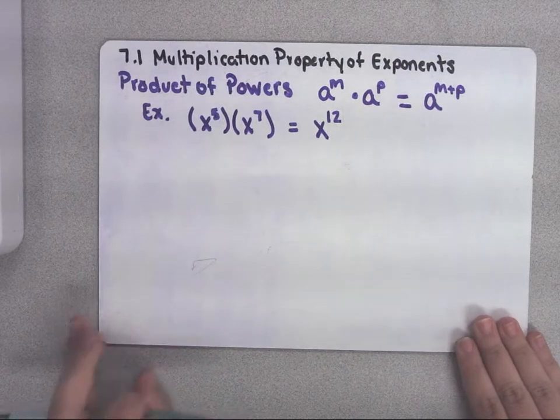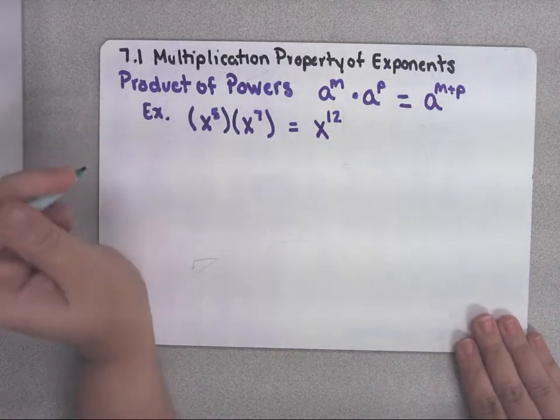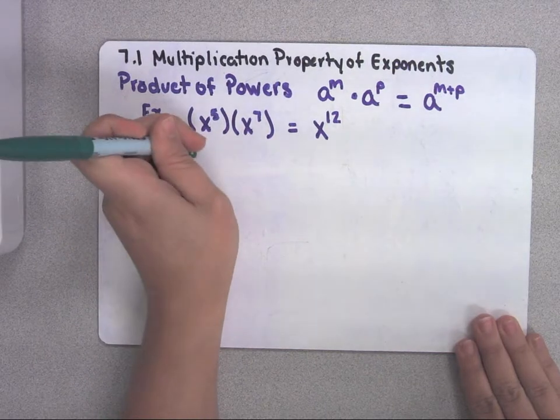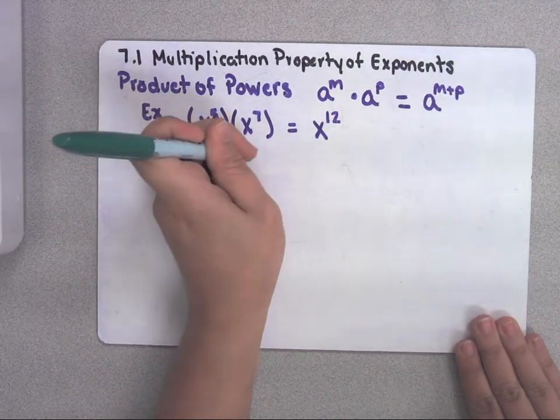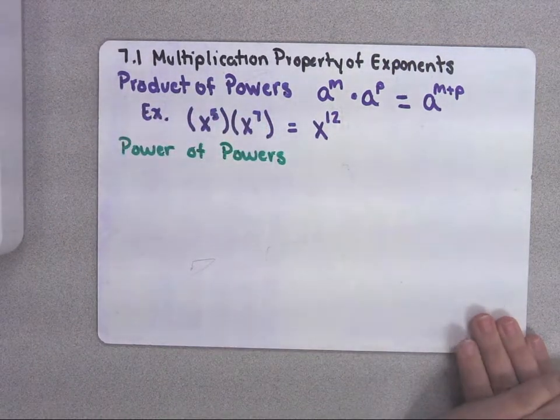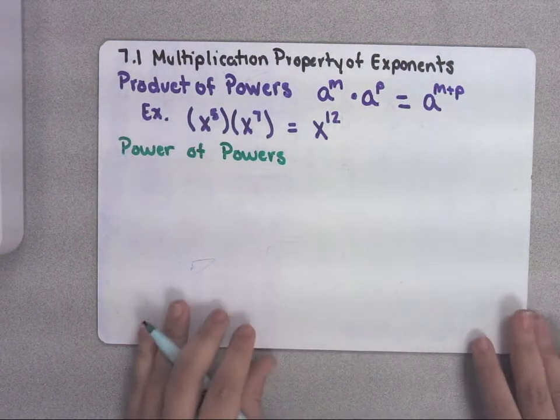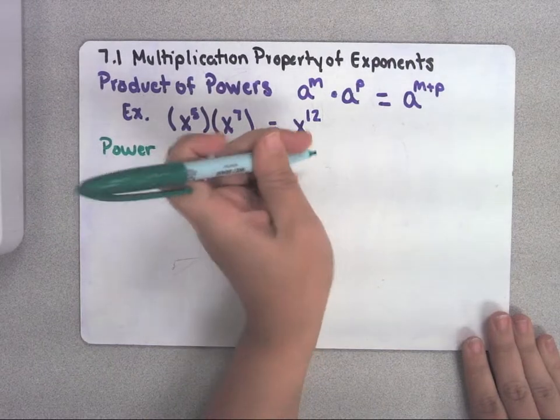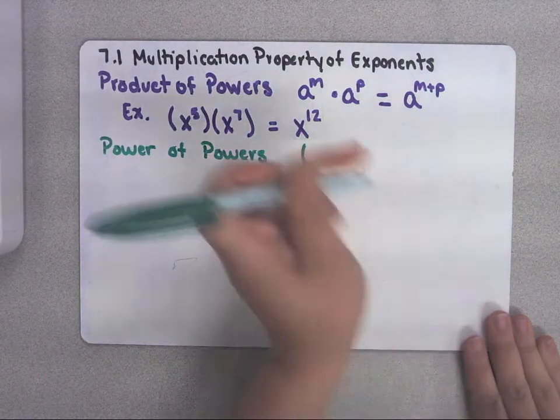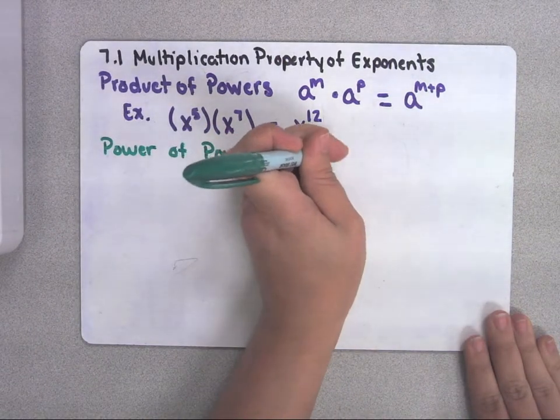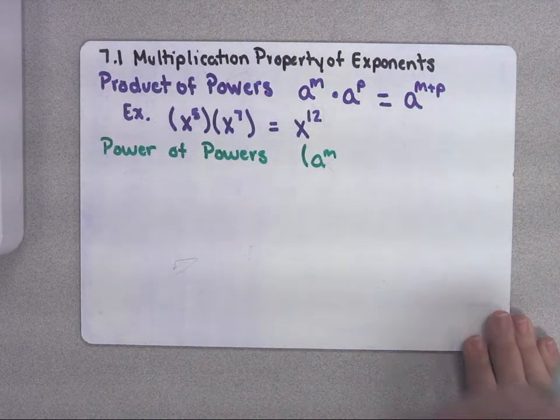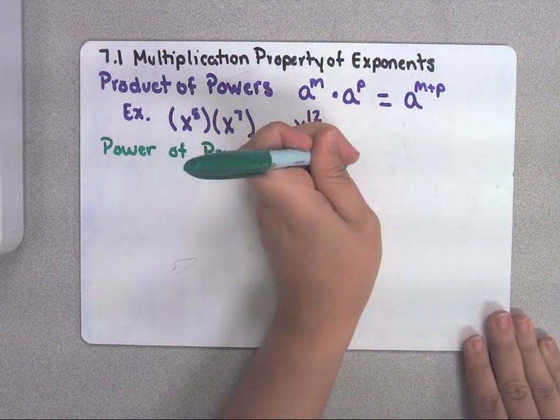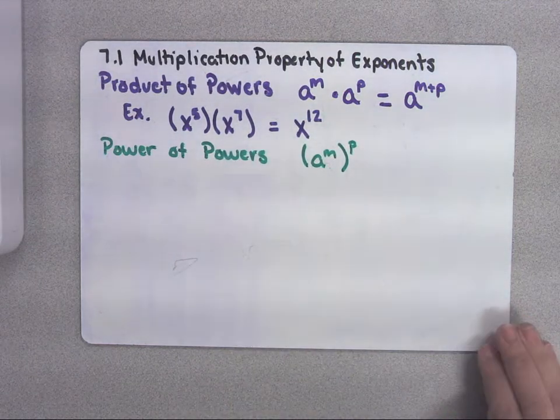Okay. Next one is called power of powers. Which is exactly how it sounds. Parentheses, a to the m power, close your parentheses, all of it to the p power.